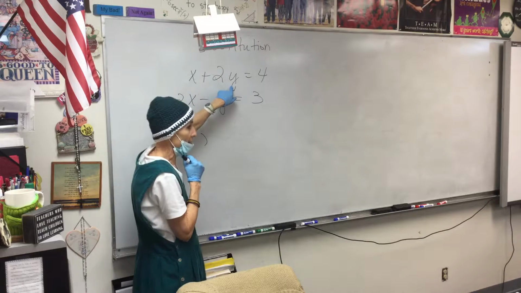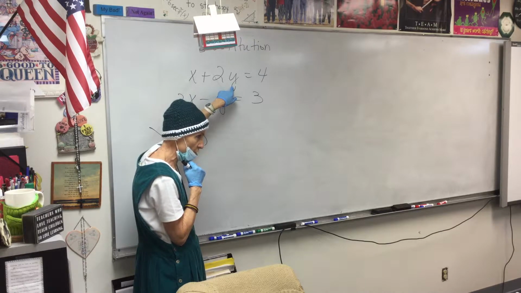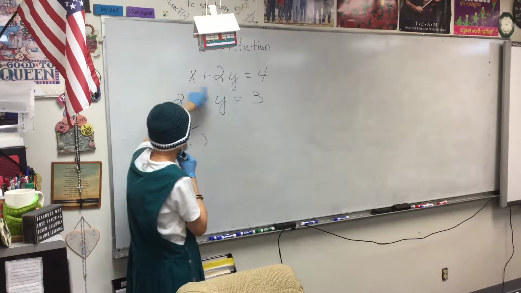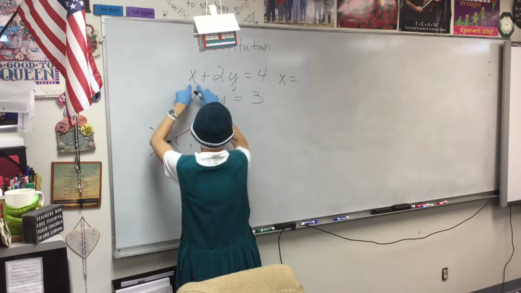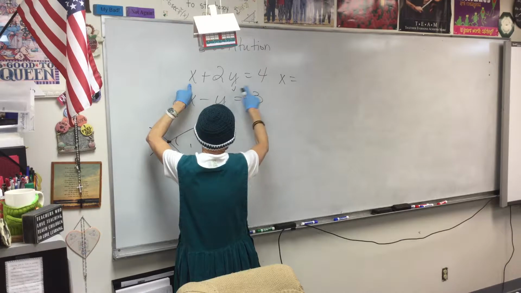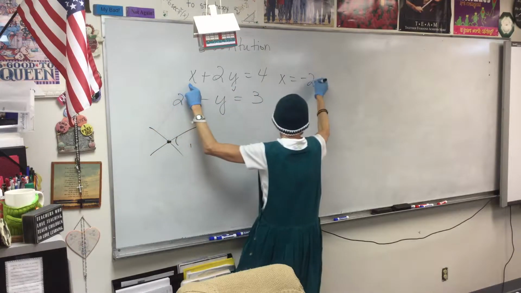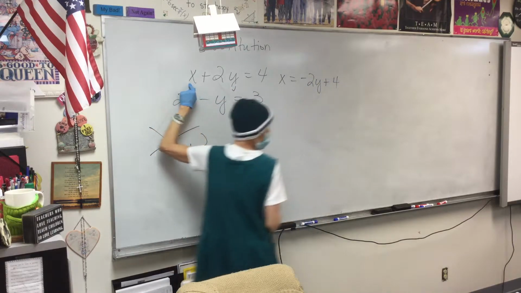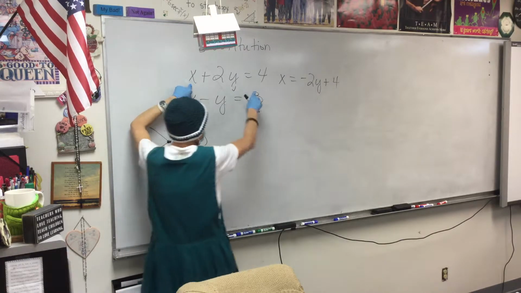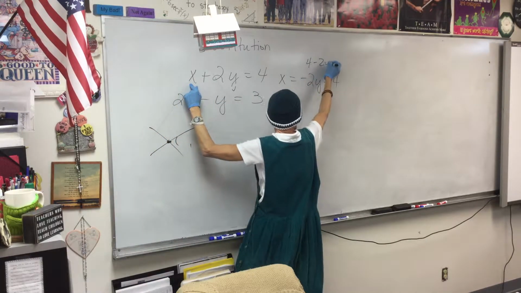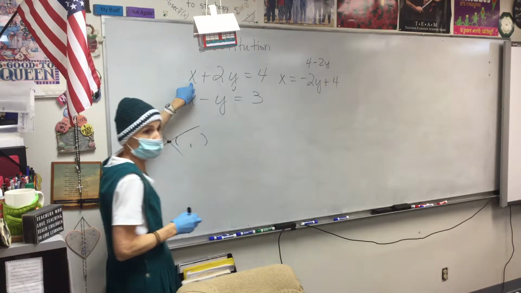If you try to get y by itself, wouldn't you have to do a division and have fractions, and that would be hideous? So let's just get this x by itself. So x equals what? Negative 2y plus 4. Or if you said 4 minus 2y, same thing. Doesn't matter.